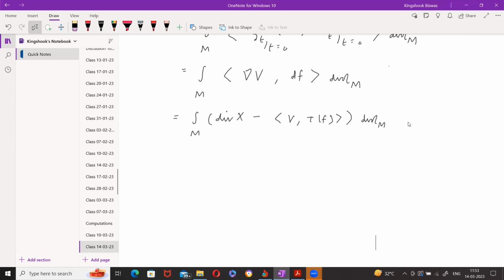In that case, when you integrate the divergence, you get 0 by the divergence theorem. So either way, the integral of the divergence vanishes. So you just get minus the integral over M of the inner product of V with tau F, d vol M, by the divergence theorem.